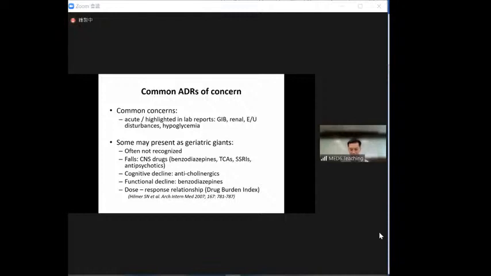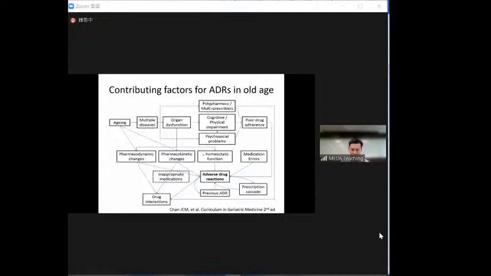It calculates the cumulative effect of anticholinergic drugs as well as benzodiazepines, causing effects in the CNS and subsequent adverse reactions leading to functional decline in the elderly. So as you can see, the anticholinergic and benzodiazepine act in a synergistic effect, causing adverse reactions, and this is in a cumulative relationship.